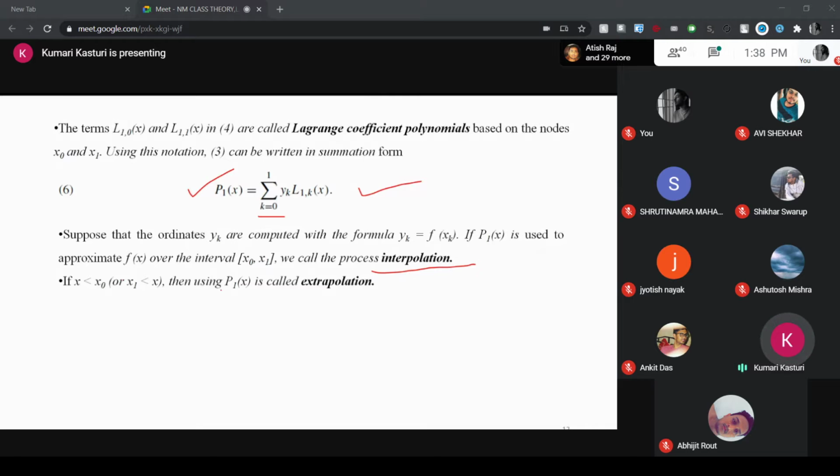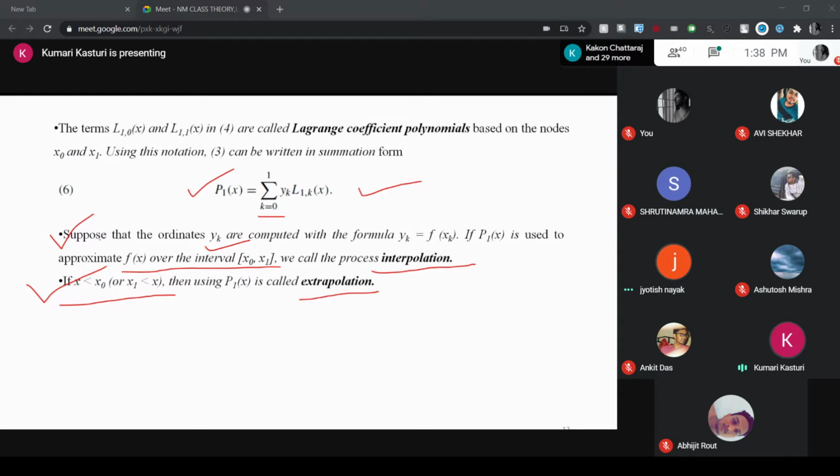Okay. Please, all of you, listen, maybe a question is asked to you. It is a condition that whenever this condition is satisfied, that is called interpolation. Whenever this condition is not satisfied, then P1 is called extrapolation. Please mark that, because maybe a question is asked about the difference between interpolation and extrapolation. Ma'am, please repeat this.